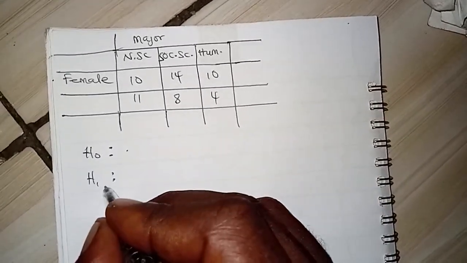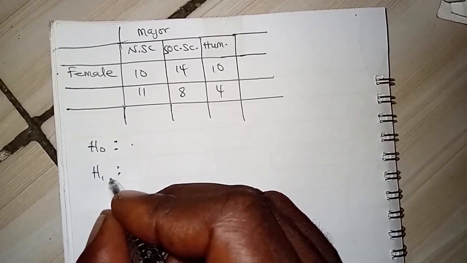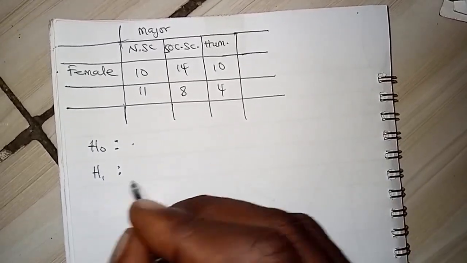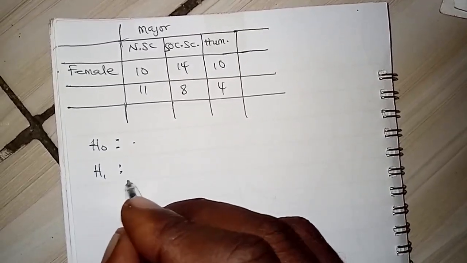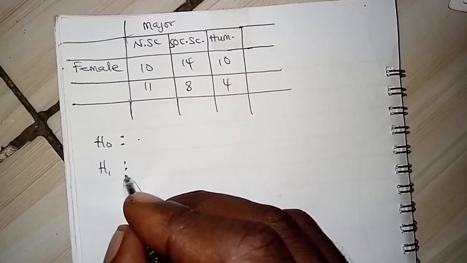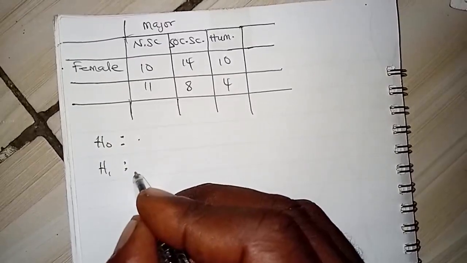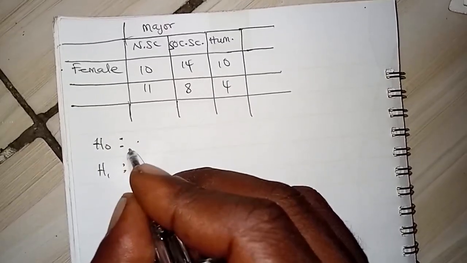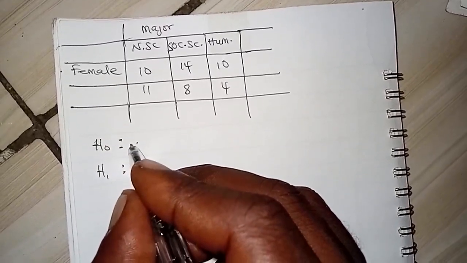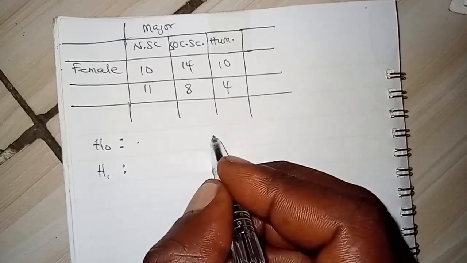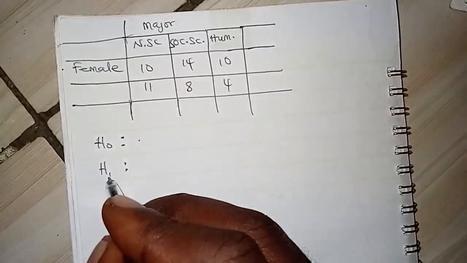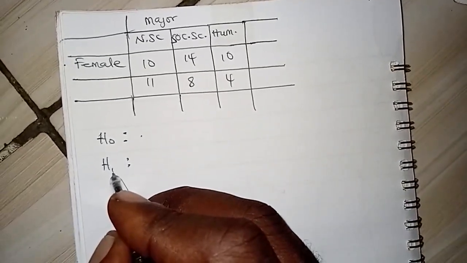The alternative will say there is no relationship between gender and major, which means they are different, because the alternative hypothesis is a hypothesis of difference. So this is the hypothesis of no difference, this is a hypothesis of difference. So once again, this will say that there is a relationship between gender and major. This will say there is no relationship between gender and major.